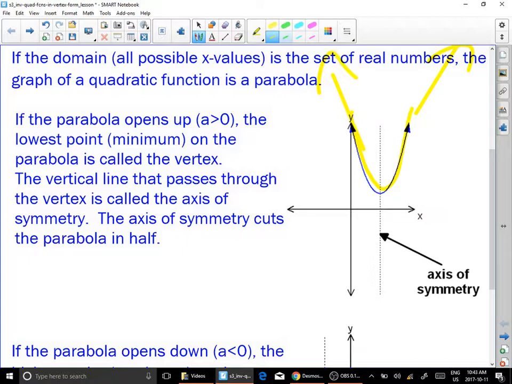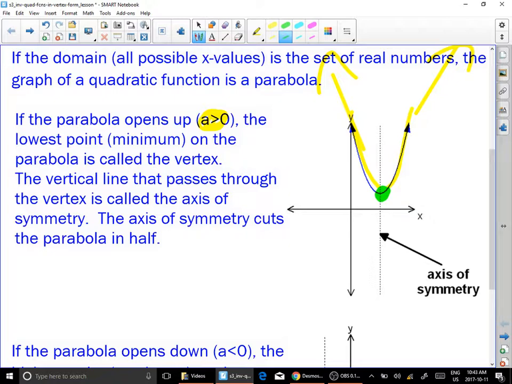That's why we can say the domain is all real numbers. If the parabola opens up, then a is bigger than 0, and it has a minimum. The minimum is the lowest point on the graph, and that point is called the vertex.